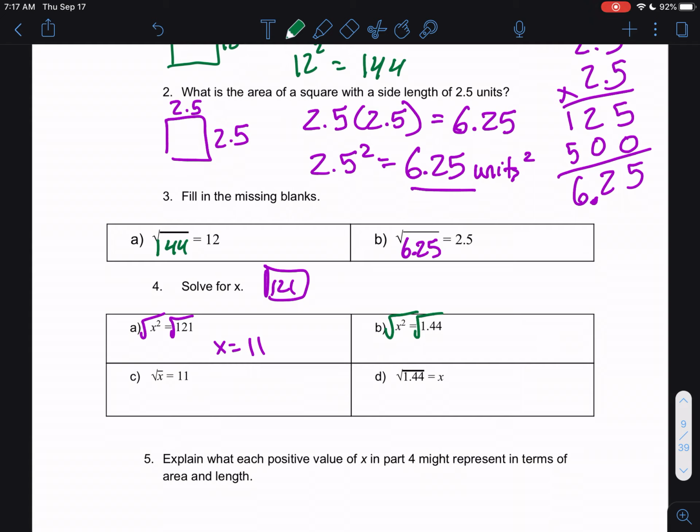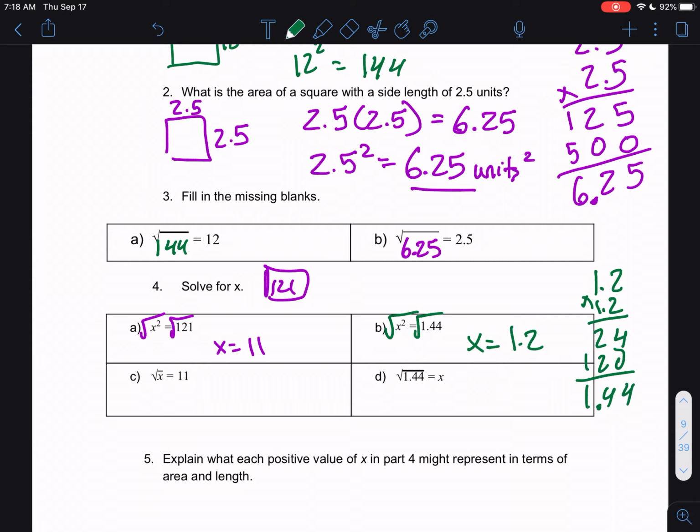So that means my x must be 1.2, because when we think about if we actually did that multiplying, 1.2 times 1.2, we get that. So when we see decimals, we just have to think about where the decimal would go, and think about placement of decimals, okay?